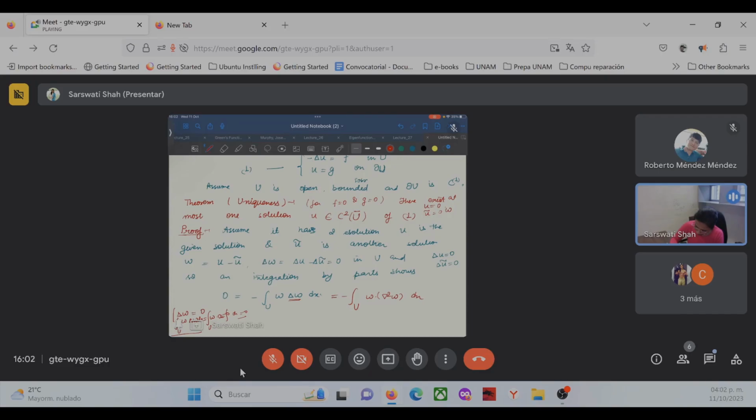Firstly, we will use the method of integration by parts, and then we apply the Green's divergence theorem. In the domain, it is going to be the integration on the boundary, and when I take the integration on the boundary, then because of this condition, that is going to be 0. I am just explaining in the air because you already know that.